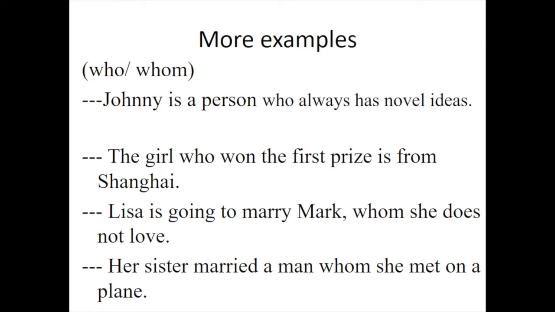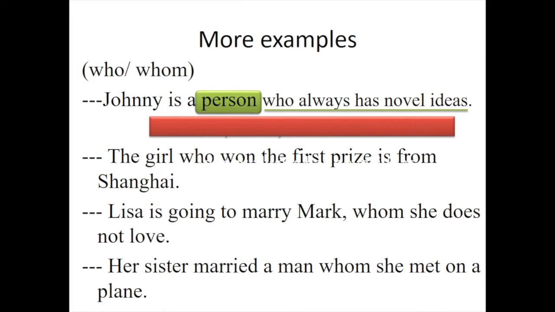In this sentence, who always has novel ideas is the relative clause, and it is used to describe a person. And the original form of the sentence is: Johnny, or a person, always has novel ideas.